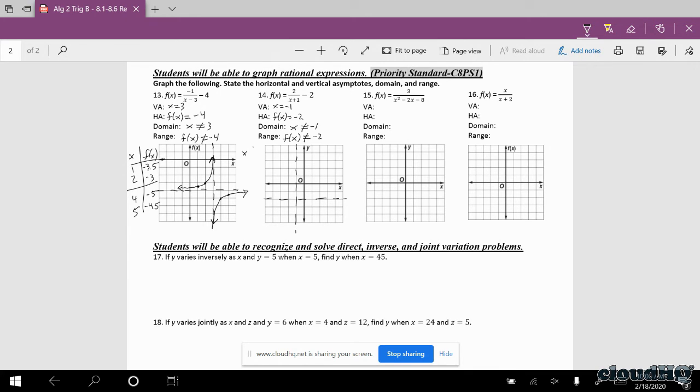So table of values. So around -1, I could go with -3 and -2. Then on the right side, 0 and 1. -3 plus 1 is a -2 for a denominator, so -1 minus 2 is -3. Plug in -2. Looks like a -4.